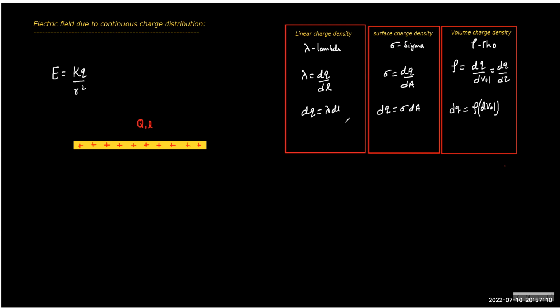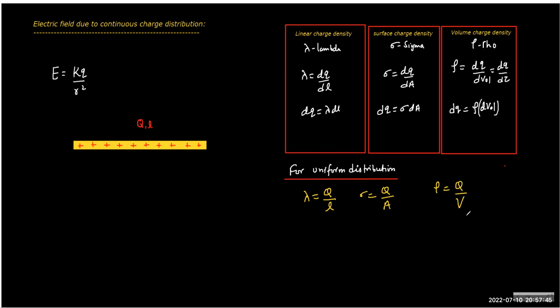Now again, the distribution of charge may be uniform or non-uniform. For a uniform distribution, either throughout length, area or volume, we can write the total charge by total length, total charge by total area, and total charge by total volume.